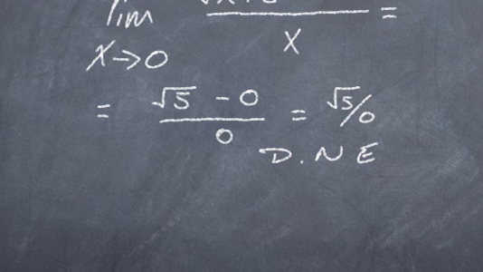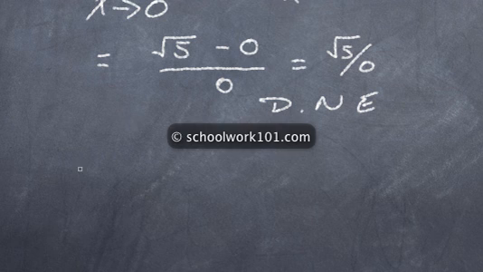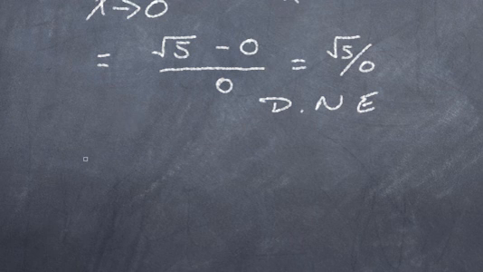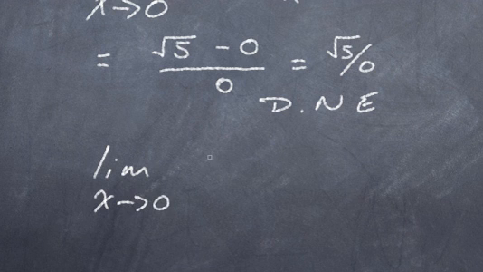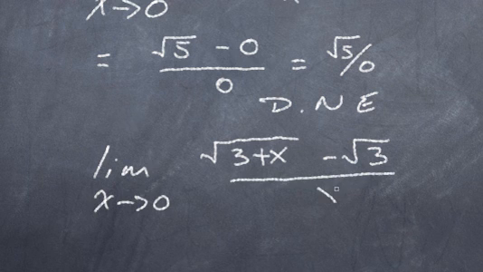Okay, so let's look at another one. Here's something that's similar. The limit as x approaches 0 of the square root of 3 plus x minus the square root of 3, and it's all over x.